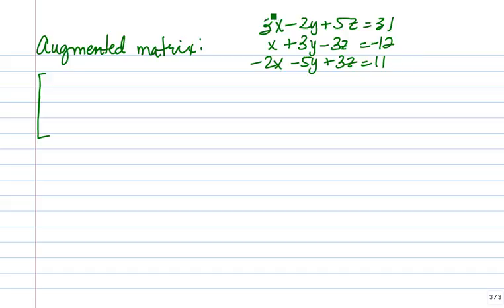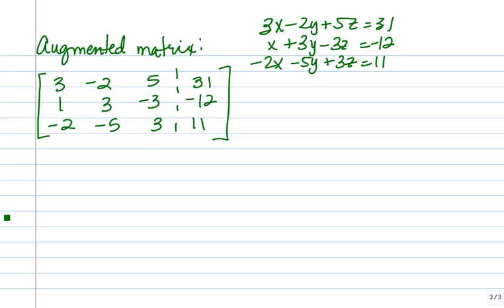The coefficients are 3, negative 2, 5, and then we can draw an imaginary line here just to understand that the right-hand side is 31. Then we have 1, 3, negative 3, and negative 12. Negative 2, negative 5, 3, and 11.